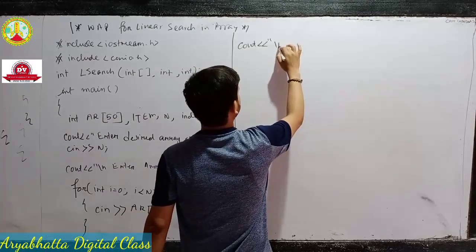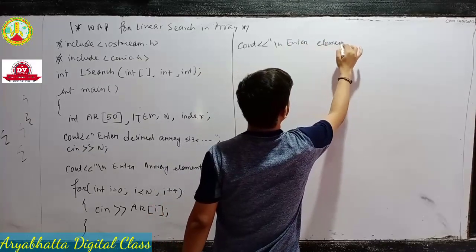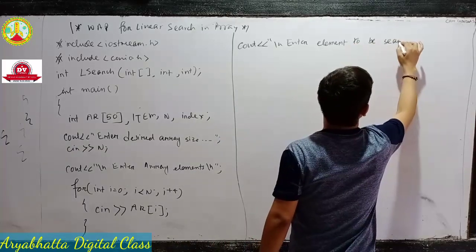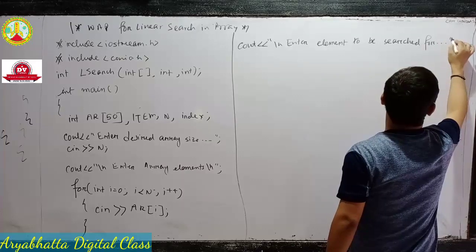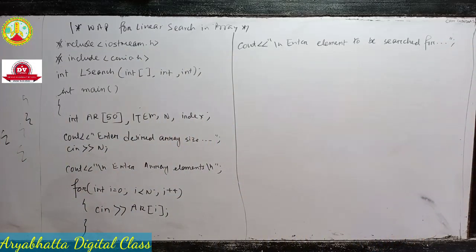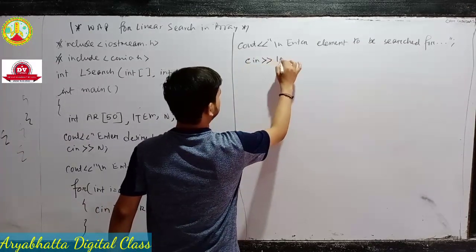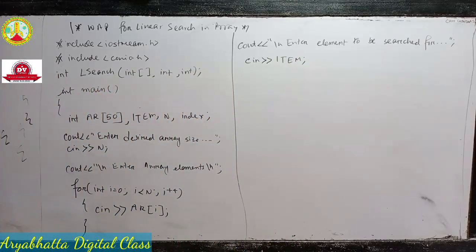Now this is the concept. You see, enter element to be searched for, right? And the element searched for goes in this variable item. In this way, item means the search element.